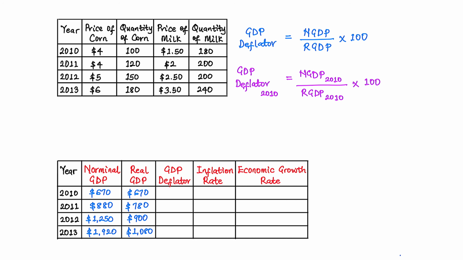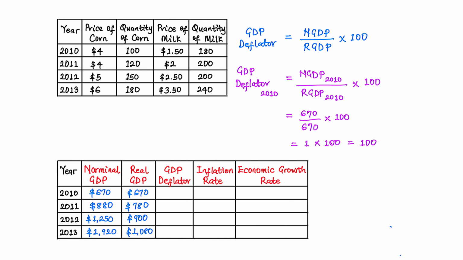So we have equals the nominal GDP of 2010 is $670 divided by the real GDP, which is also 670, times 100. So this means we have 670 divided by 670, that's 1, times 100. So that's equal to 100.